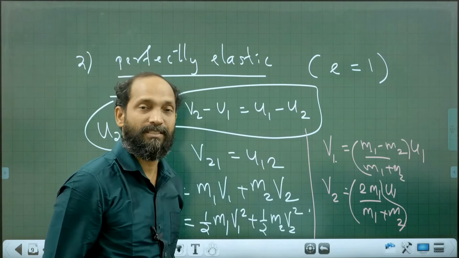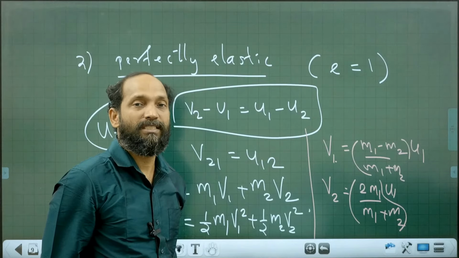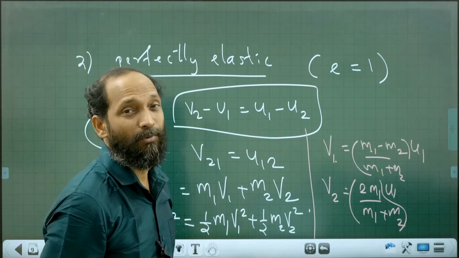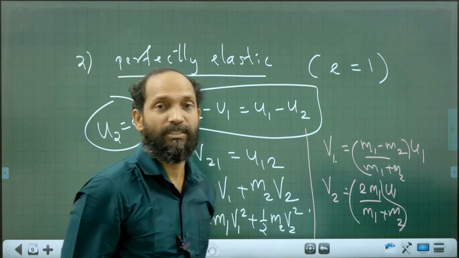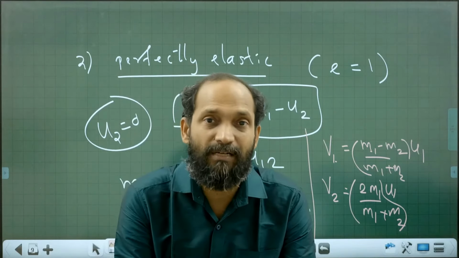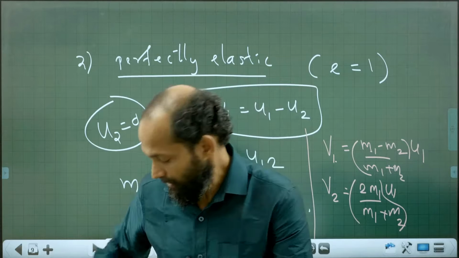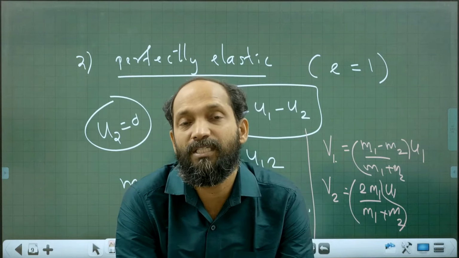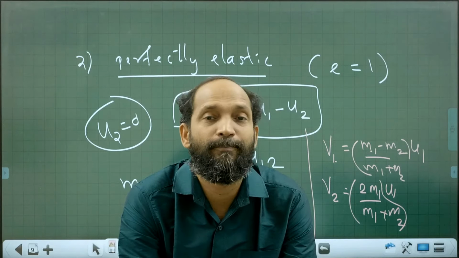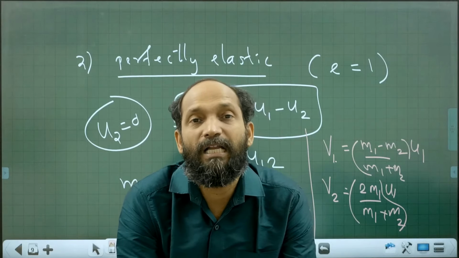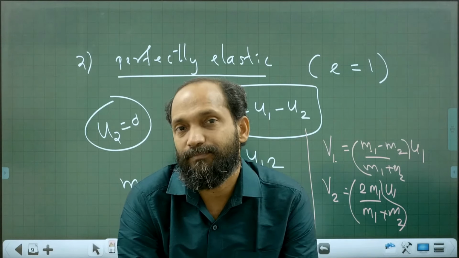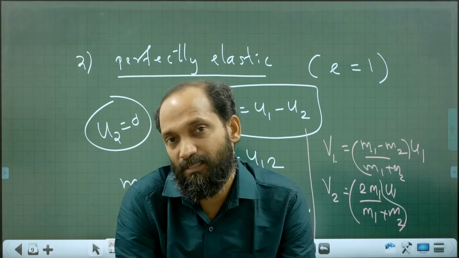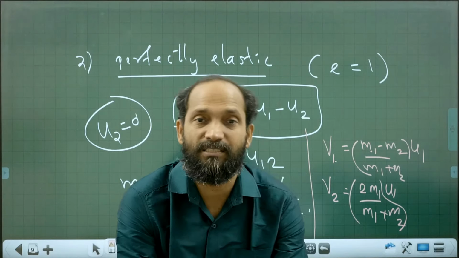That means in perfectly elastic collisions in one dimension of identical bodies, they exchange their velocities, and also they exchange their linear momentum. That is called a momentum exchanger or velocity exchanger. It is only used when the two bodies are identical, the collision is one dimensional, and the collision is perfectly elastic.